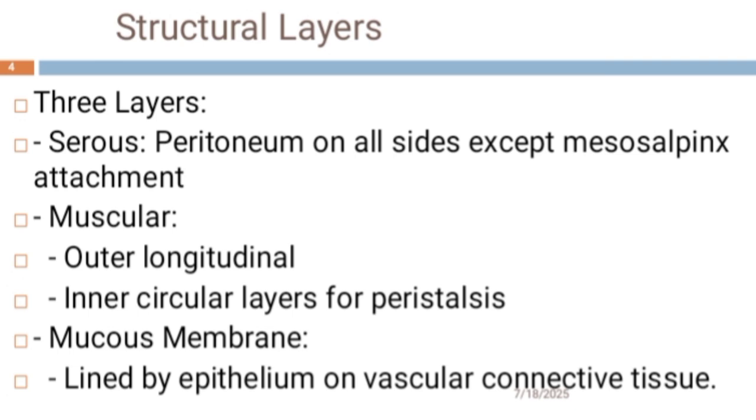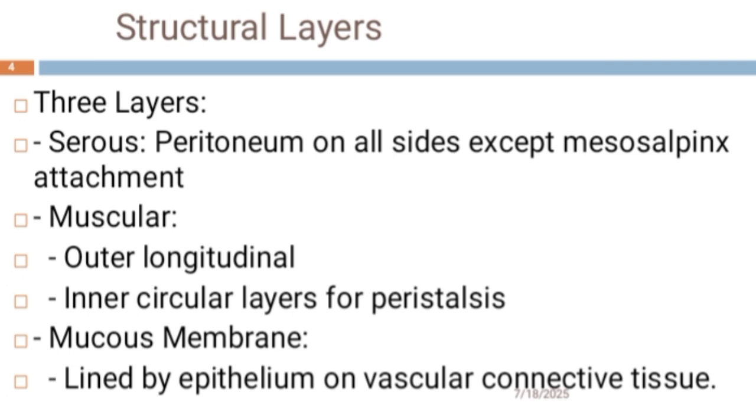Beneath is the muscular layer, with an outer longitudinal and inner circular layer, enabling peristaltic movements for gamete and embryo transport.